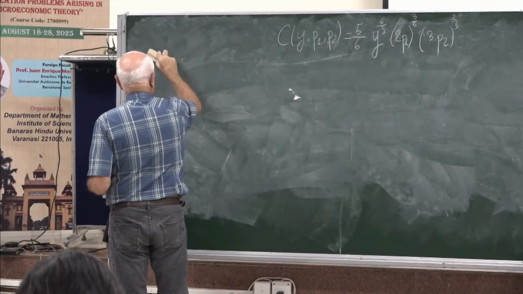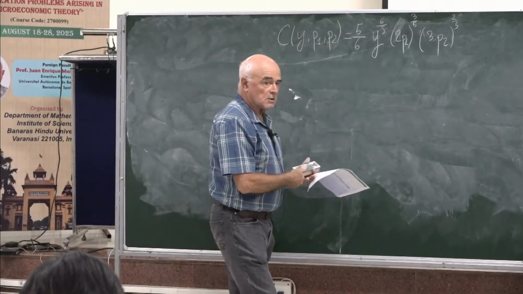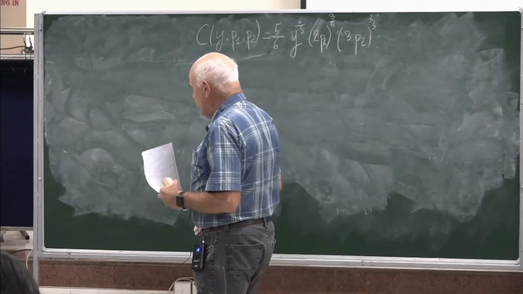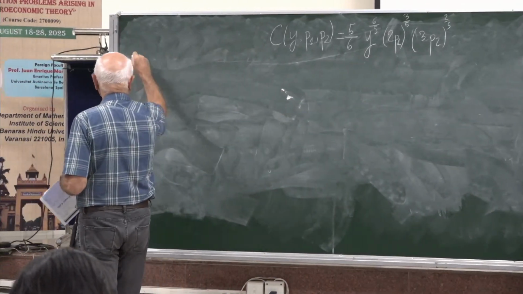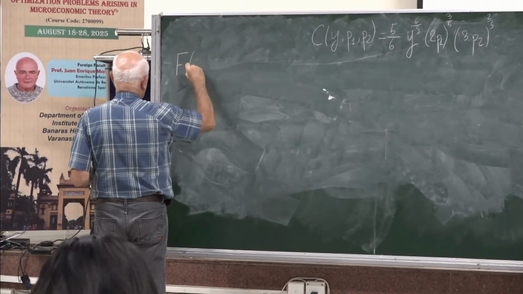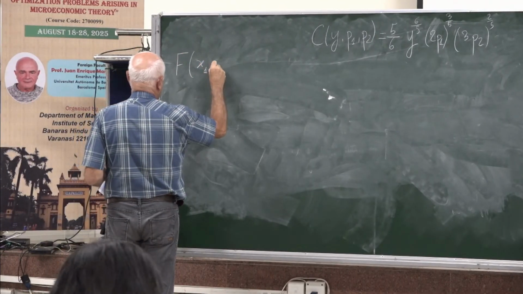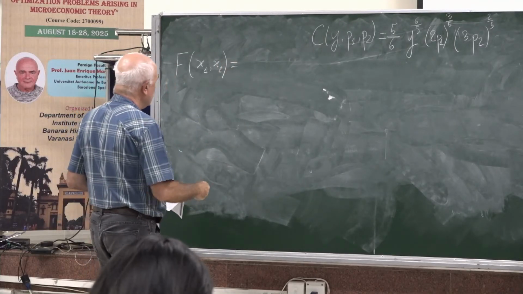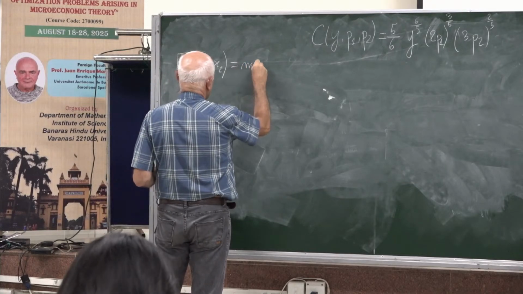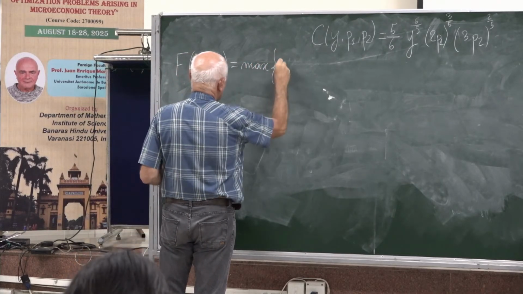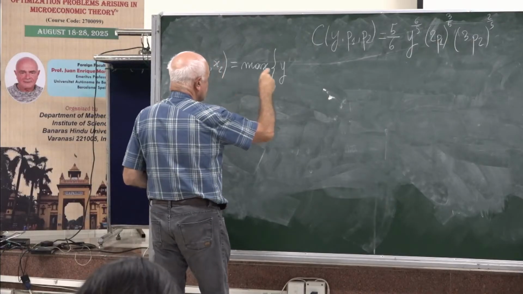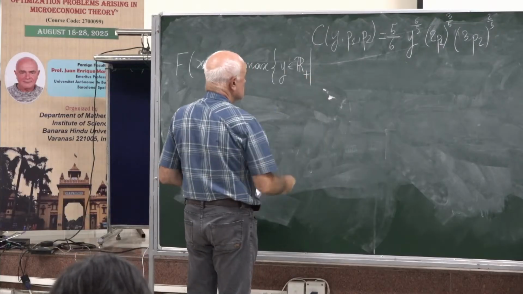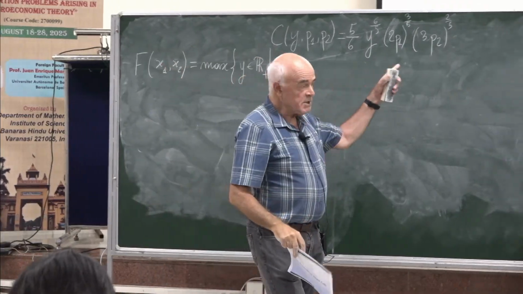And this equivalent production function, according to the proof we have just seen, would be given by f of x1, x2 equal to the maximum over y in R plus. So now C is our D there.